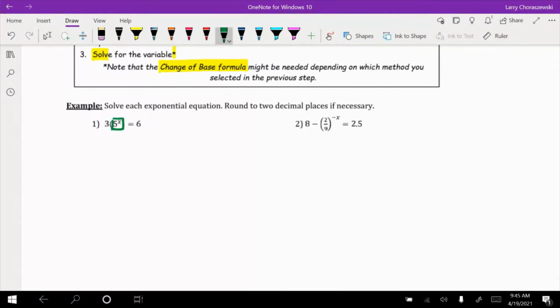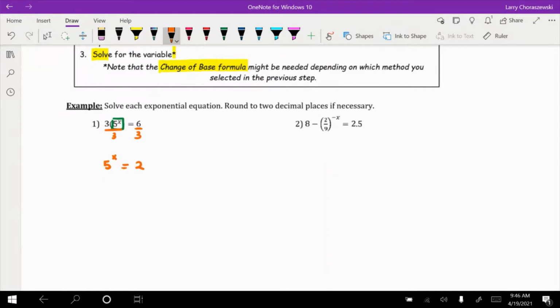Is this isolated on the left-hand side? No, currently it's being multiplied by 3. So if I wanted to isolate this, what should I do to each side? Divide by 3. That's going to give us 5 to the power of x is equal to 2.